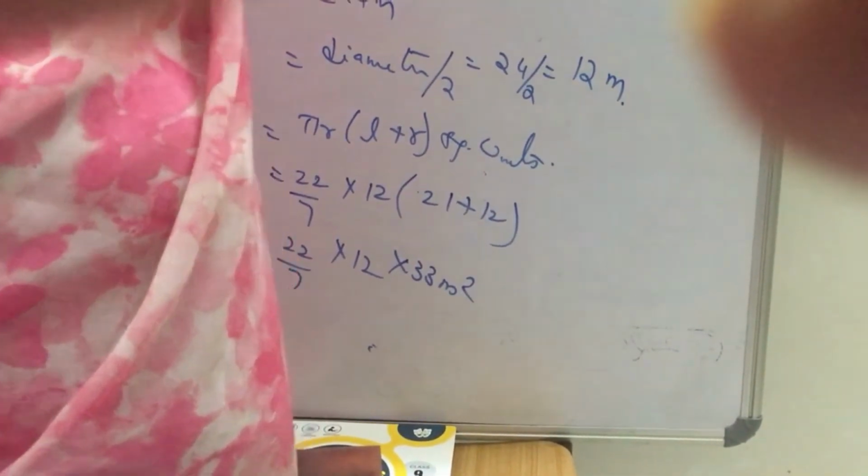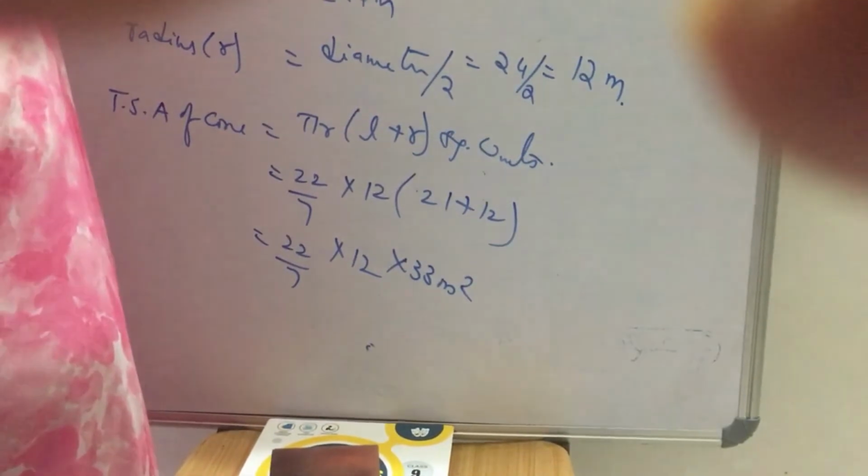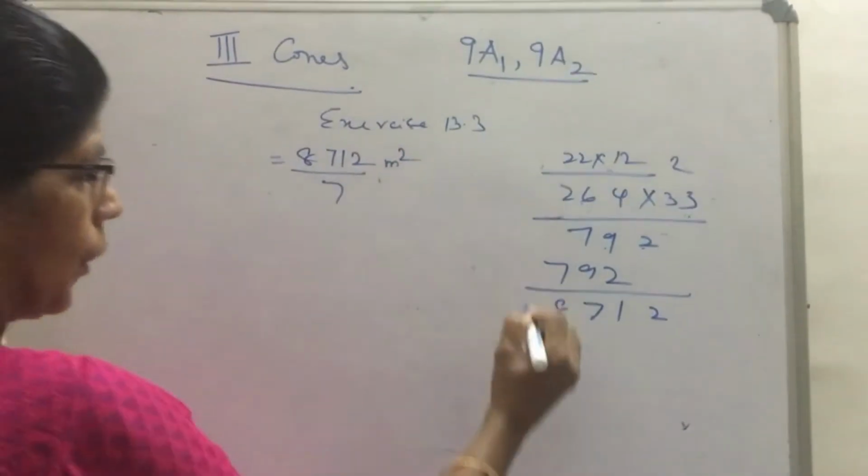Add. That is equal to 8712 divided by 7 meters square.